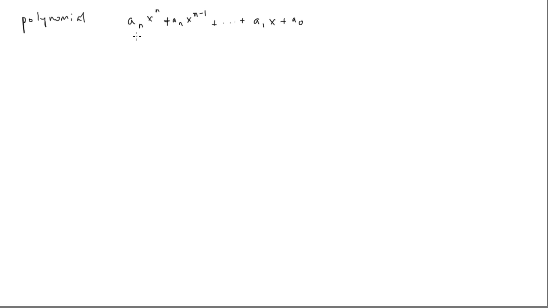So really all it is is a bunch of x to the somethings with coefficients in front of them, and then you add a whole bunch of these things up, and the result is something that we call a polynomial. Okay, so that's pretty easy.